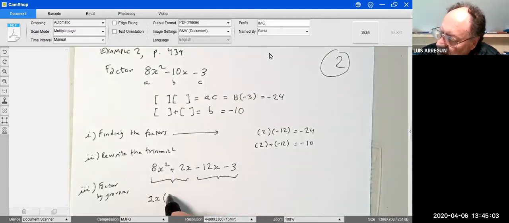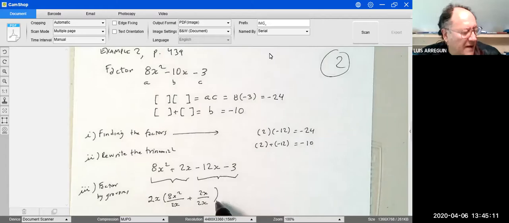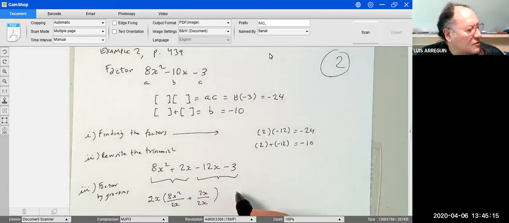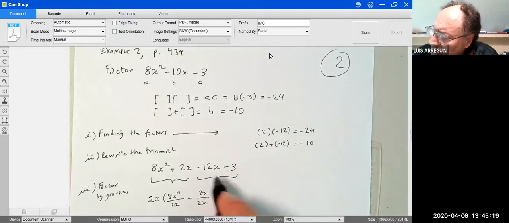So I have a x squared over 2x plus 2x over 2x. Then with respect to the second group, what is the greatest common factor for the coefficients? It's going to be just negative 3.